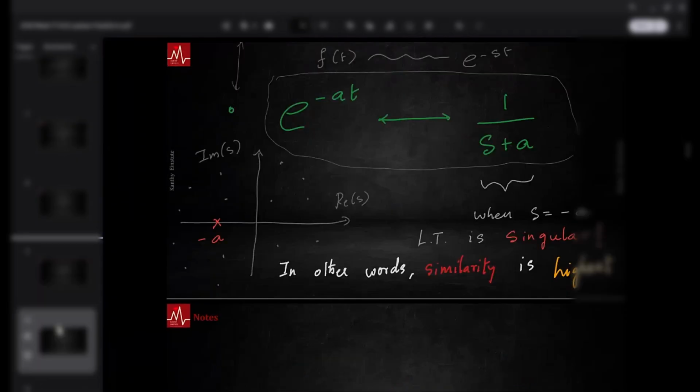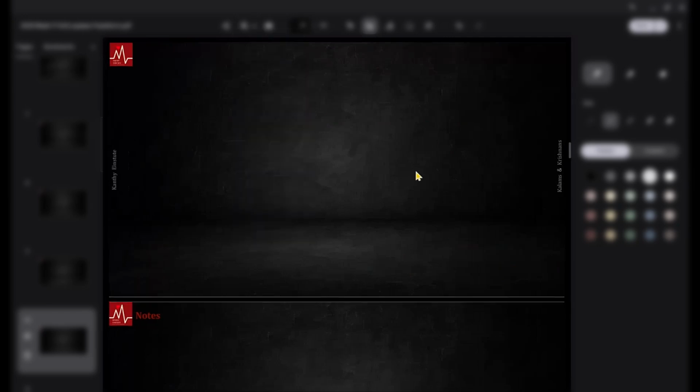Important properties of the Laplace transform.